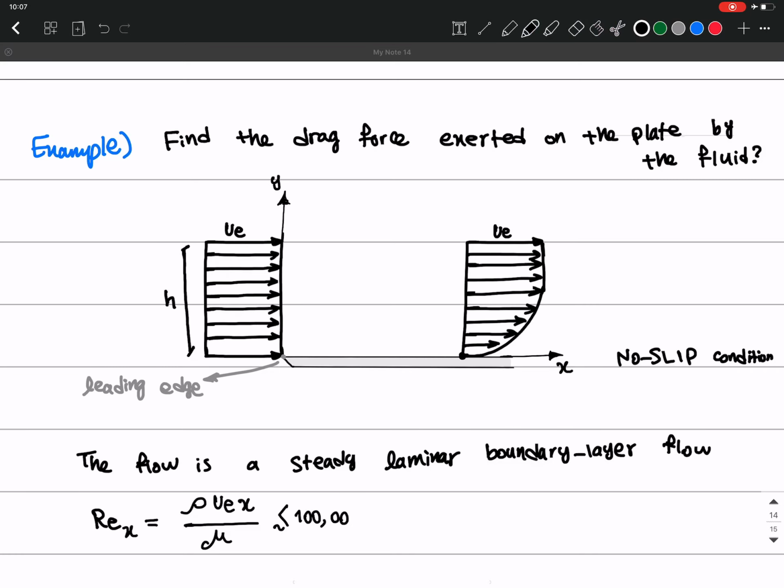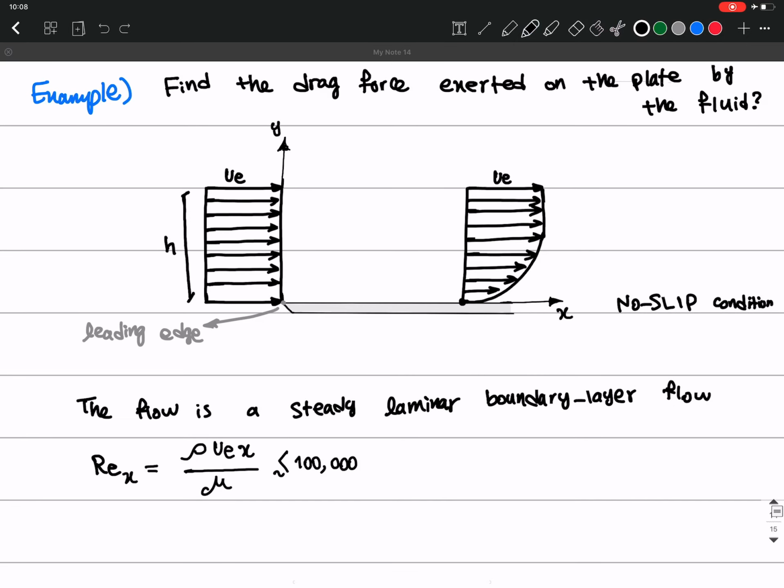So the velocity is not that large, and so the flow becomes laminar. If the velocity is too large, then the velocity profile is not like this. It could be turbulent. So we could have something like this, okay? So these are the assumptions, and now we want to find the exerted force on the plate by the fluid.